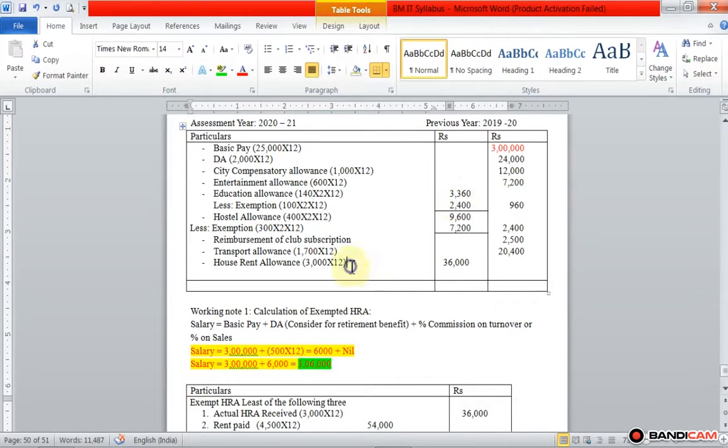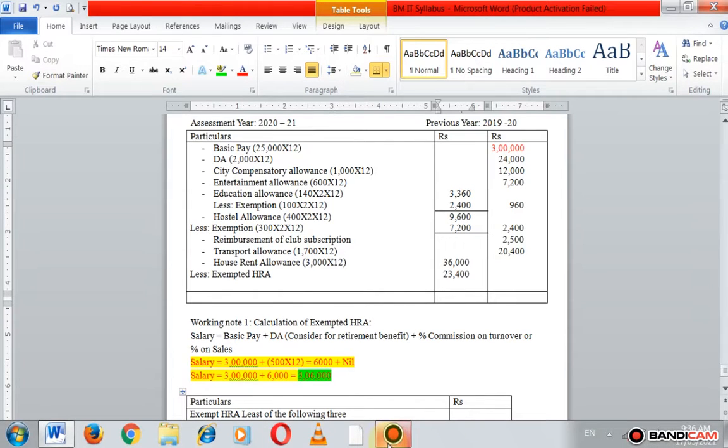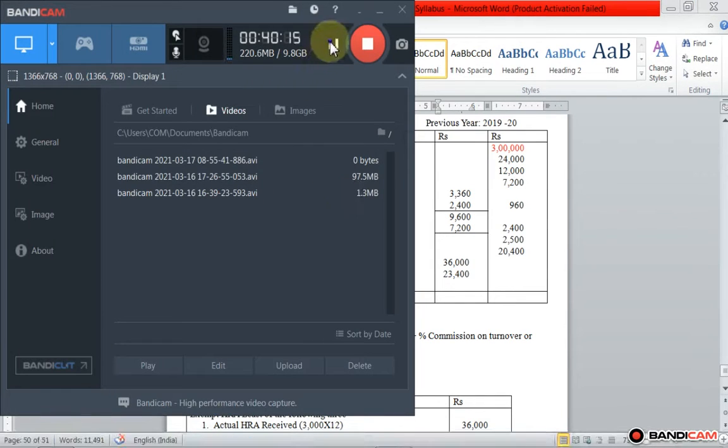So here, less exempted HRA amounting to rupees 23,400. We get 12,600.